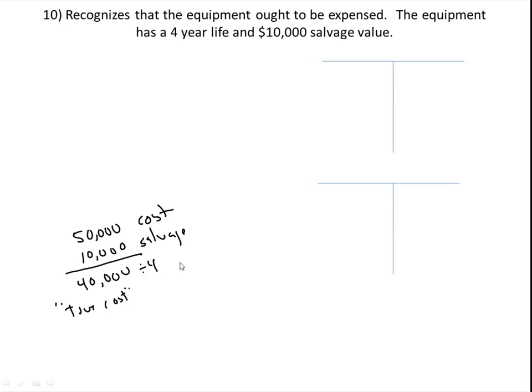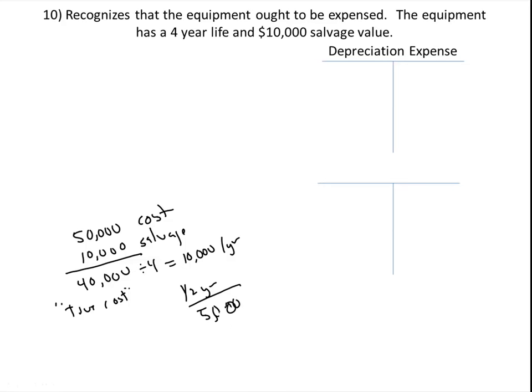We've got a 4-year expected life, which means $10,000 per year. And if we've used the asset for half a year, that gives us $5,000. That gives us $5,000 of depreciation expense for the current year. So we recognize depreciation expense.